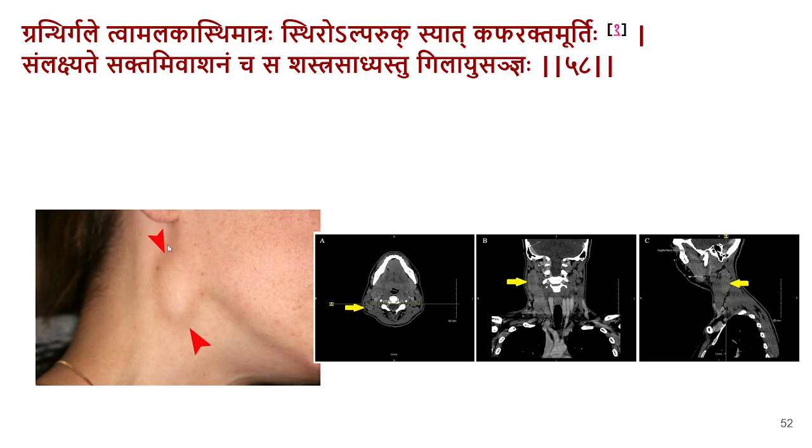As you see in this image, the fossa is not filled up, so it looks like a lymph node swelling. If there would be parotid swelling, you will not be able to insinuate your finger between the mandible and the mastoid process. So this angle will be filled up in case of parotid swelling. That's how we make out that difference clinically.